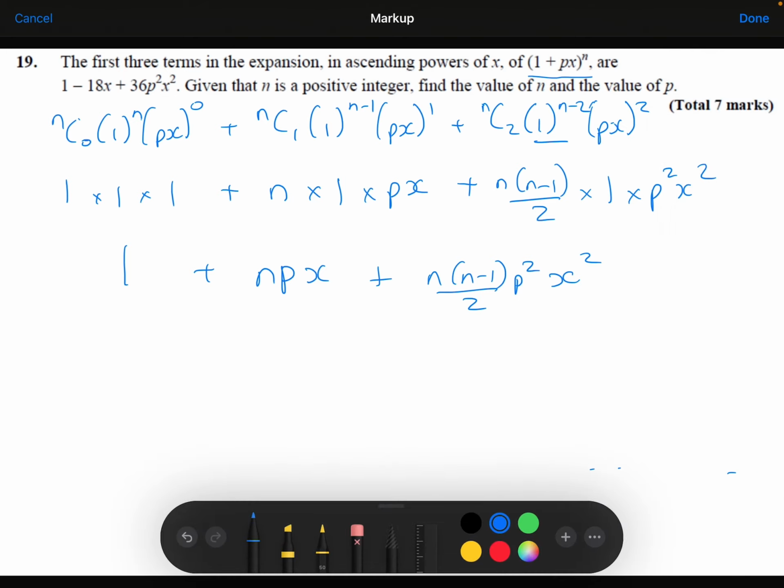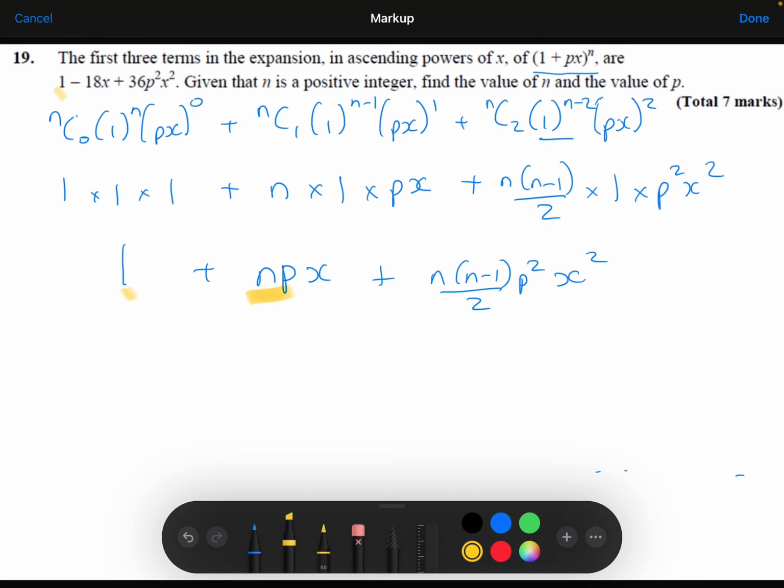And I was told in the question that they are equal to this. So you can see we've both got a 1 at the front. Now my np should equal minus 18. So let me write that down: np equals minus 18.